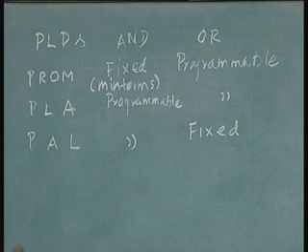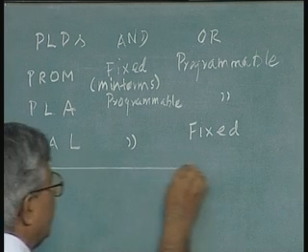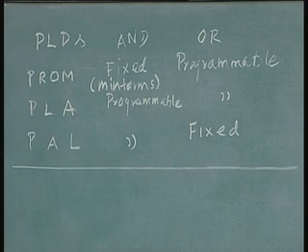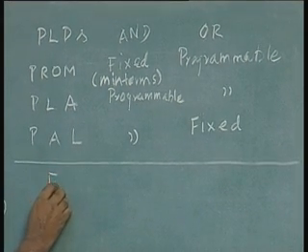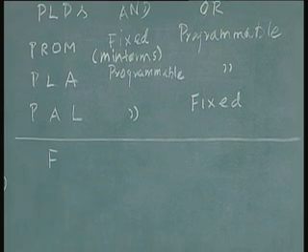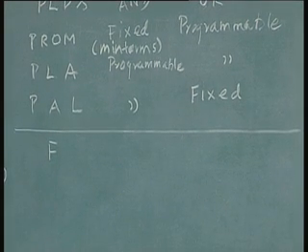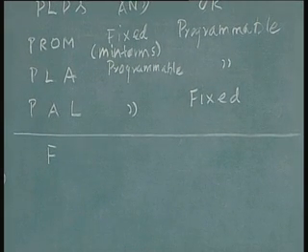Now, let us try to implement the same functions we implemented yesterday using PLA, on a PAL. So, if you remember, those functions were F1, F2, F3. Did we call them F0, F1, F2 or F1, F2, F3? F1, F2, F3.